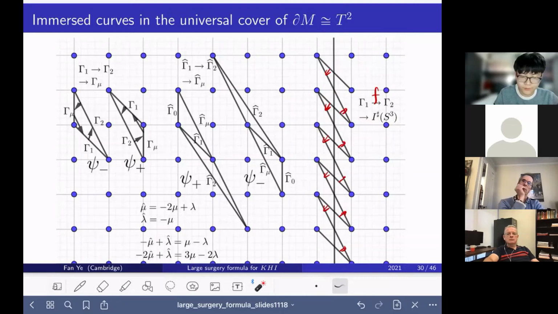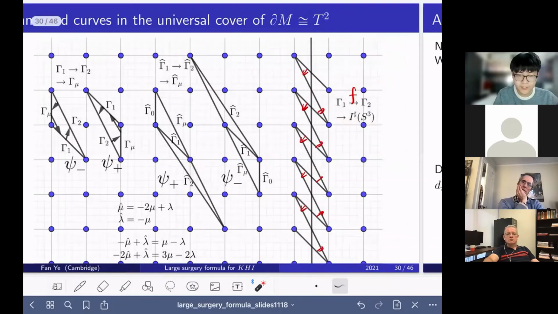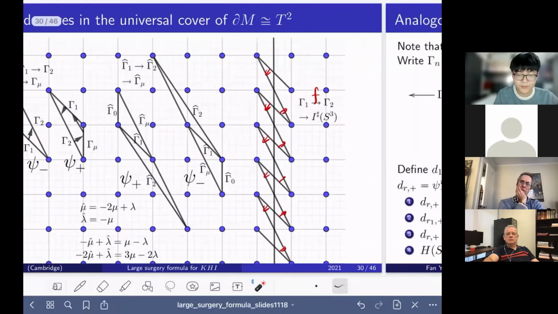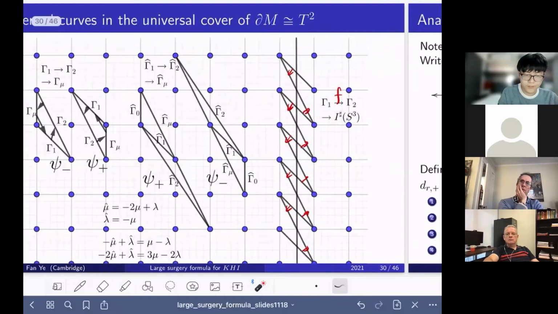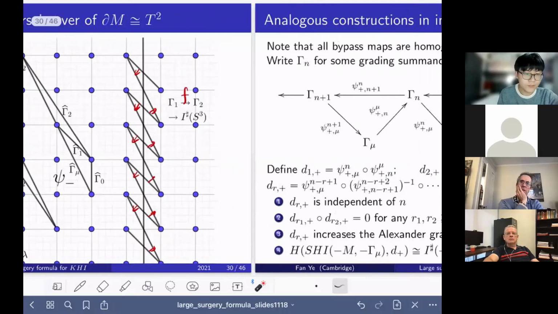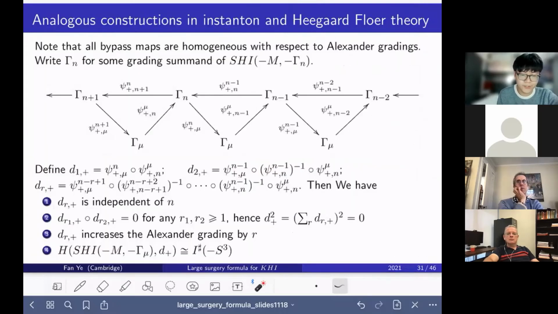All right, so then maybe let's go to the construction of the differentials. The construction is based on the bypass exact triangles. So we just put all the bypass exact triangles about the positive bypasses together, just these triangles like this.